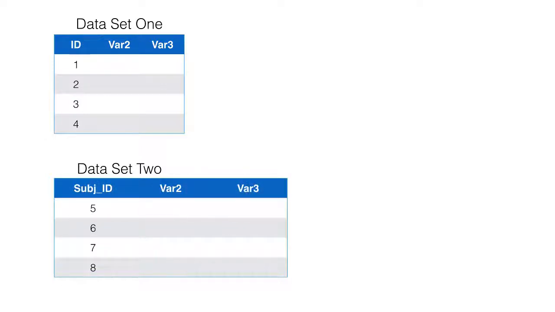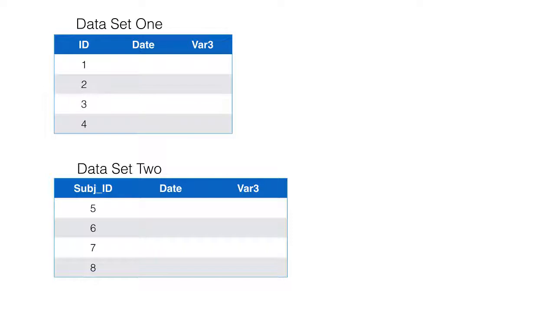Sometimes you might find that the variables that have different names across datasets contain the same data. For example, suppose that dataset 1 has a variable named ID and dataset 2 has a variable named subject ID. In this situation, you might want SAS to combine these two variables when you combine datasets. On the other hand, you may find that variables that have the same name across datasets actually contain different data.